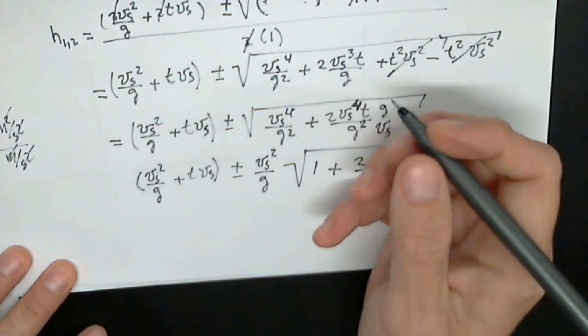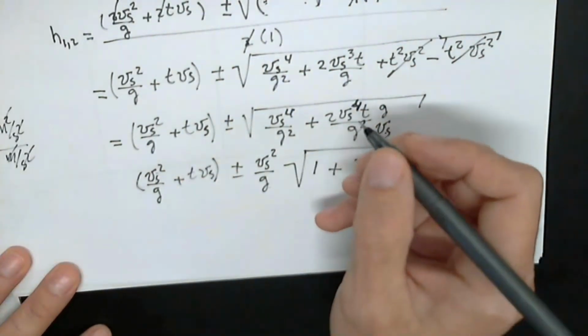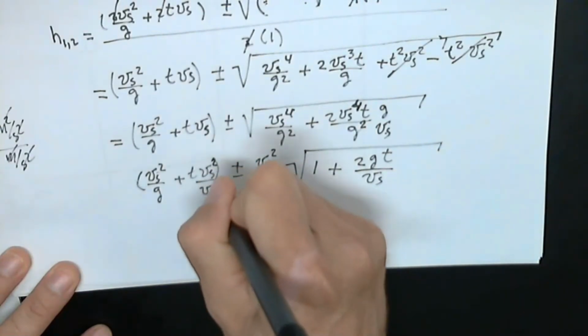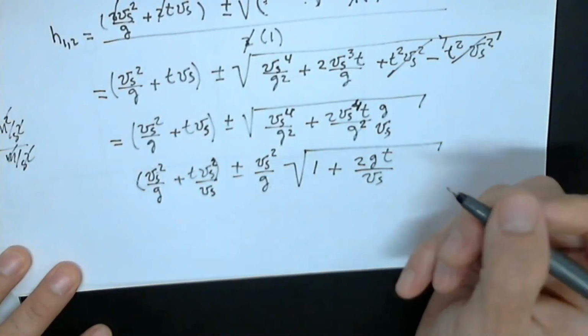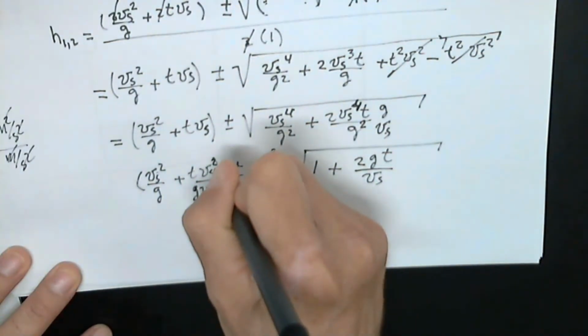So let's take bs squared over g as a common factor out of everything. So I need bs squared over here, so I need to divide by bs. And I need g over here, so I need to multiply by g.